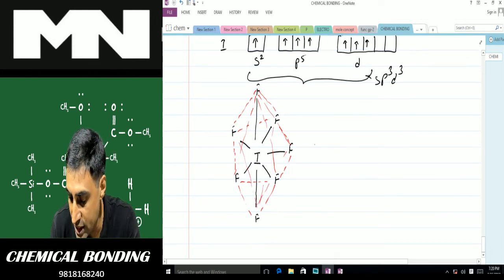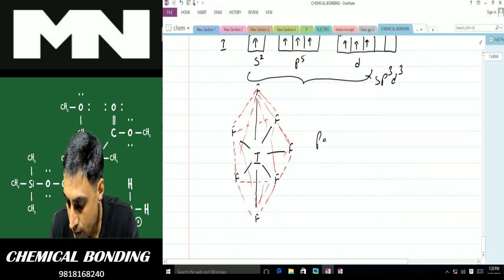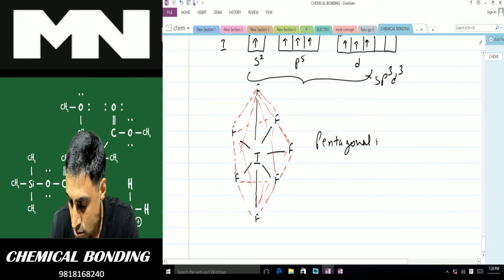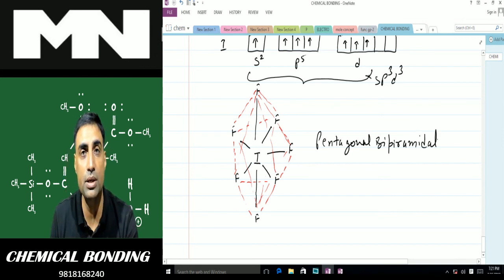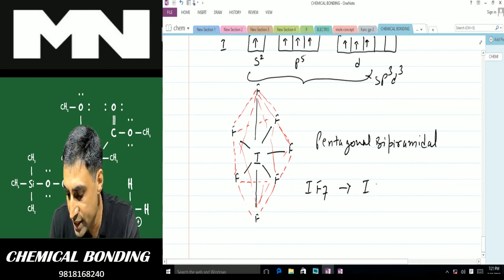And that's why the shape is pentagonal bipyramidal. Pentagonal bipyramidal. And IF7 again has a prominent tendency of dissociating into IF5 and F2.